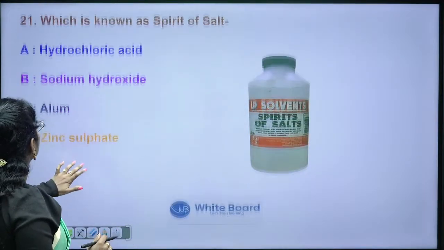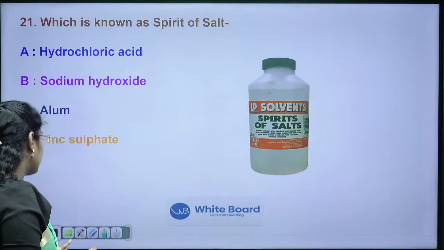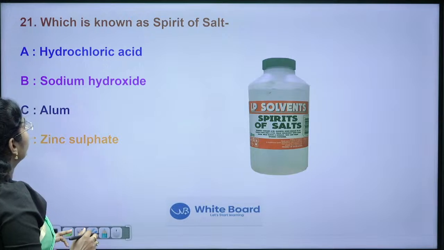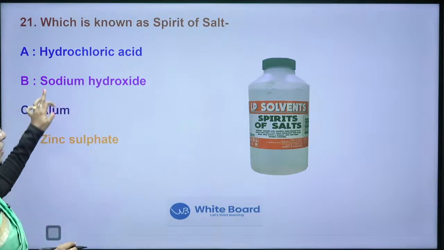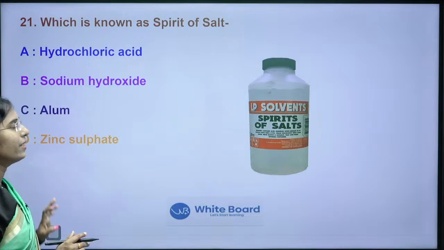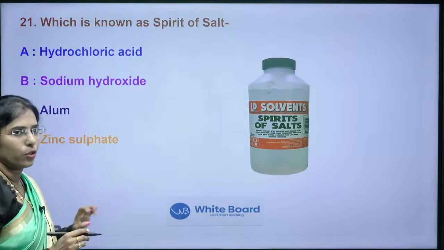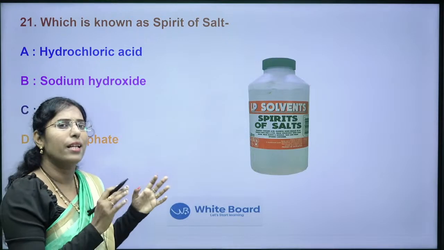Next question is 21, which is known as spirit of salt. Here they have given 4 options: hydrochloric acid, sodium hydroxide, alum and zinc sulfate. Hydrochloric acid is a direct synonym.